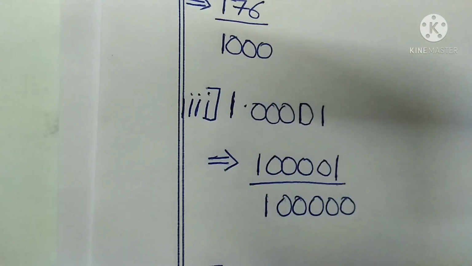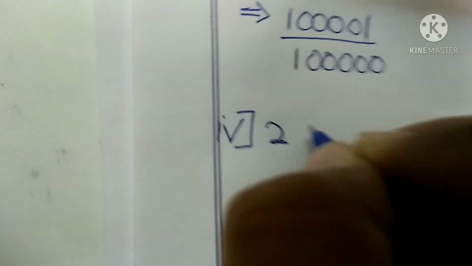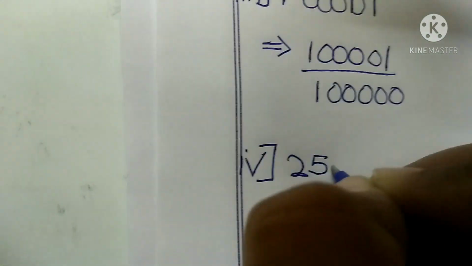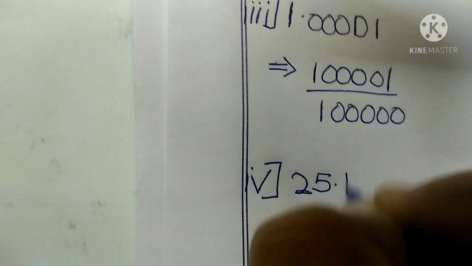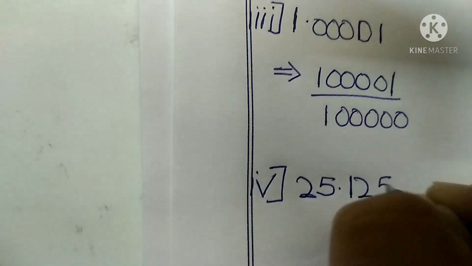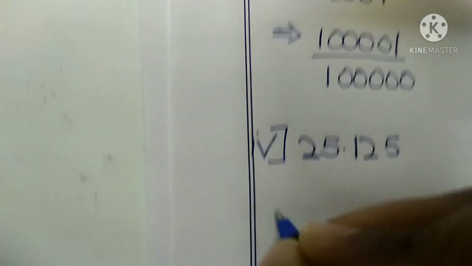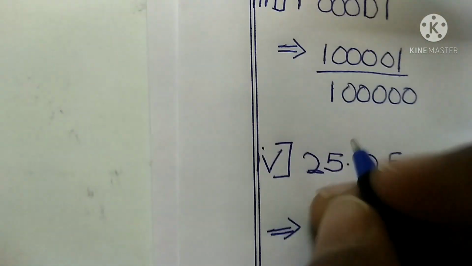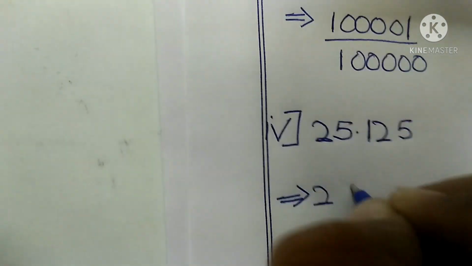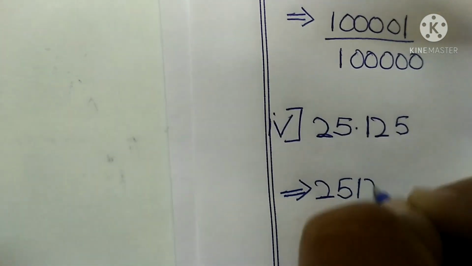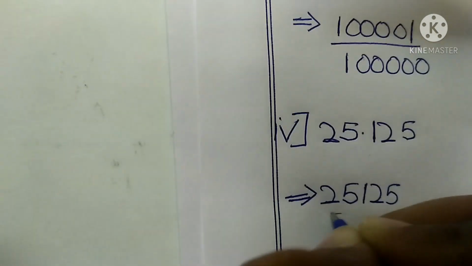In the fourth question, they gave 25.125. Here 125 is at the thousands place. So we will get 25,125 by 1000.